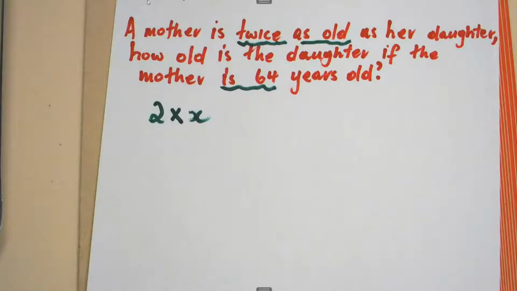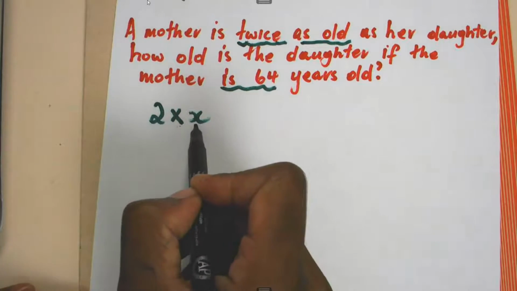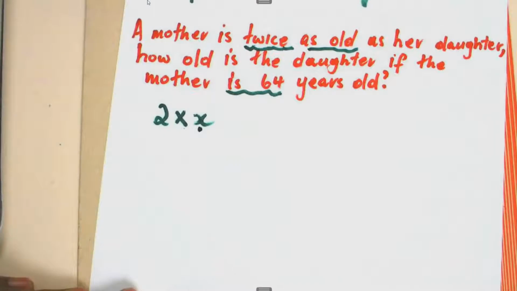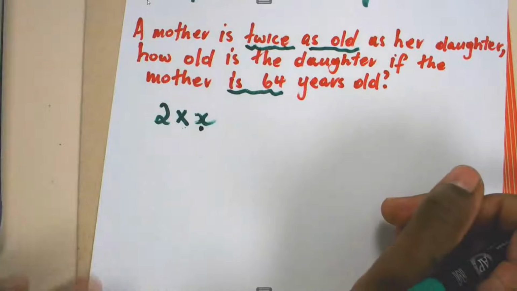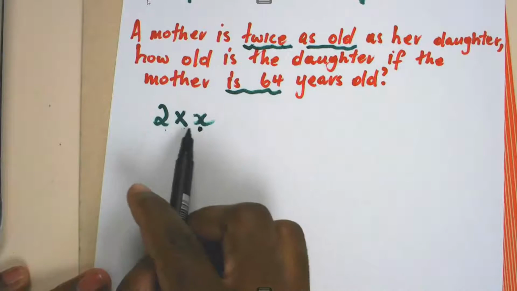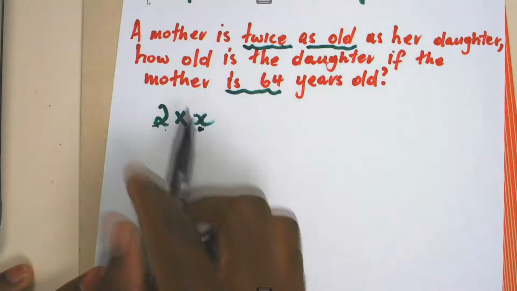So the word twice as old means that, let me say if the daughter is 5, it means that the mother will be twice the age of the daughter. So it's going to be 5 times 2. So it's going to be 10. So twice as old is 2 times more than the daughter. Now, it's going to be 2x. 2 multiplied by x.